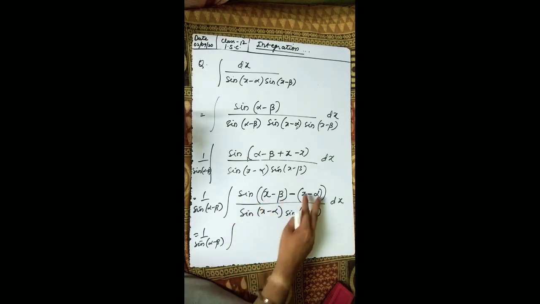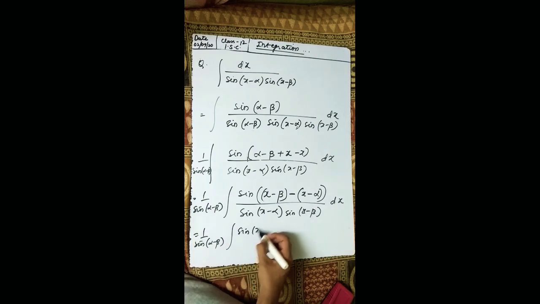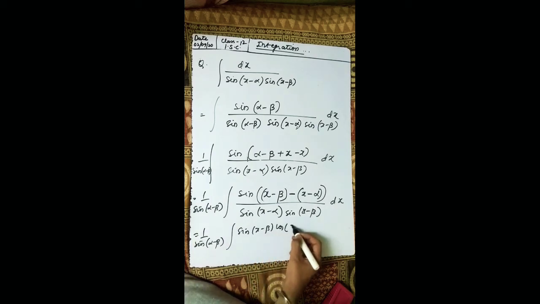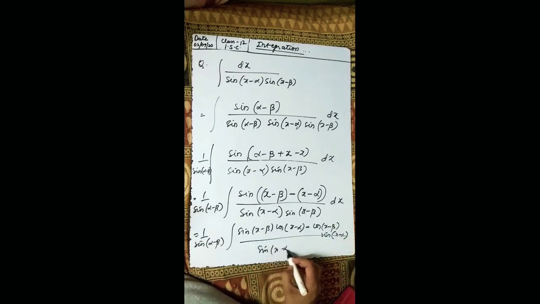Now the sin (x minus y) identity. What is the sin (x minus y) identity? sin x cos y minus cos x sin y, upon sin (x minus alpha) sin (x minus beta).